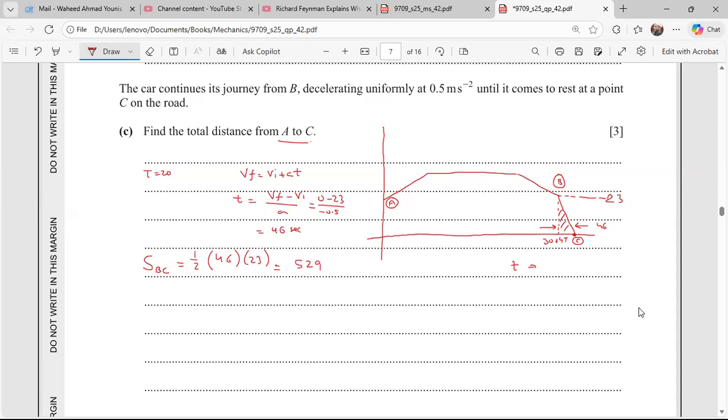So the total distance from A to C is going to be 2750 plus 529, which comes out to be 3279. Okay, so it was easy.